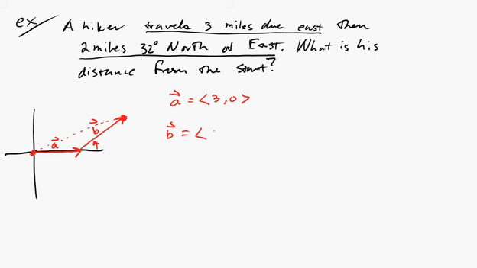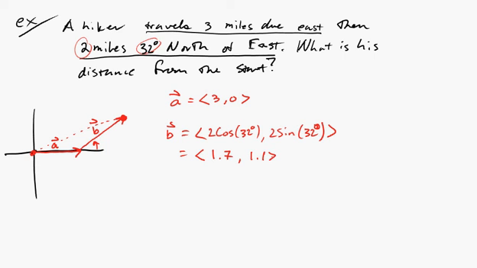This is the magnitude because he's walking that distance at that angle. So 2 cosine of 32 degrees, 2 sine of 32 degrees will give us our components. Now, I've got to go to my calculator for this, but 2 cosine of 32 would be 1.7, 2 sine of 32, 1.1.